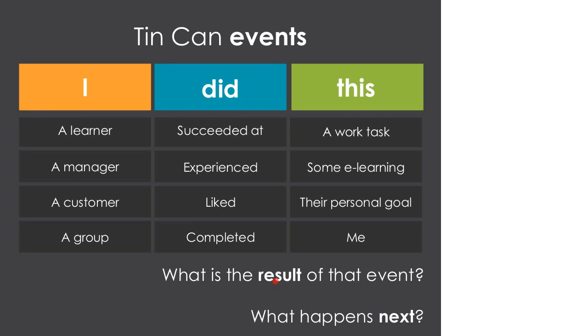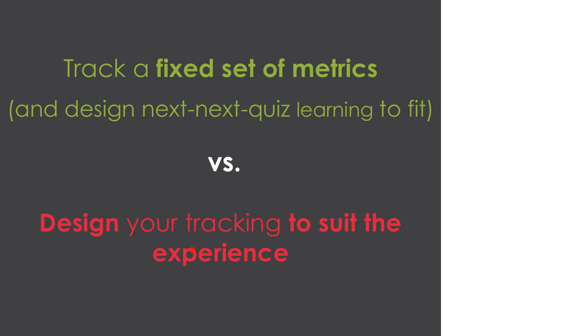So you might report an activity stream, but you also need to think about, if you're designing for Tin Can, what's the result of an event? So as I said, different learning activities can feed into one another. So what happens in one learning activity, an event, might trigger an action in another learning activity.